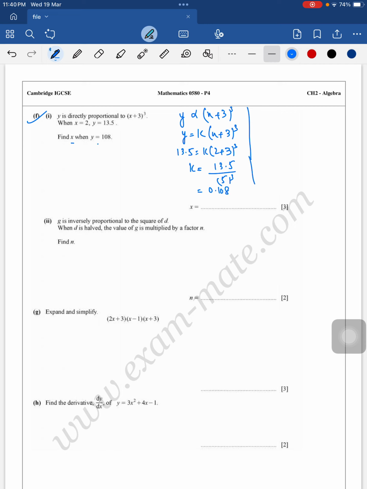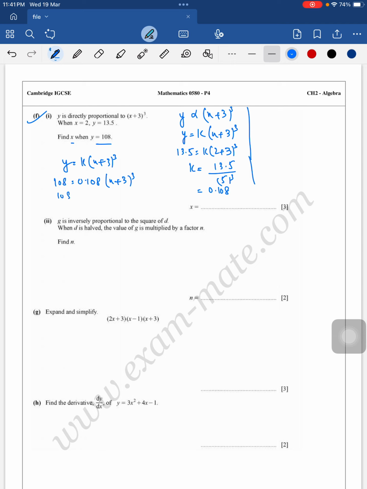Now find x when y is equal to 108. Okay, so y is equal to k times x plus 3 the whole cube, where k is 0.108, x we need to find out, and in place of y I should keep 108.